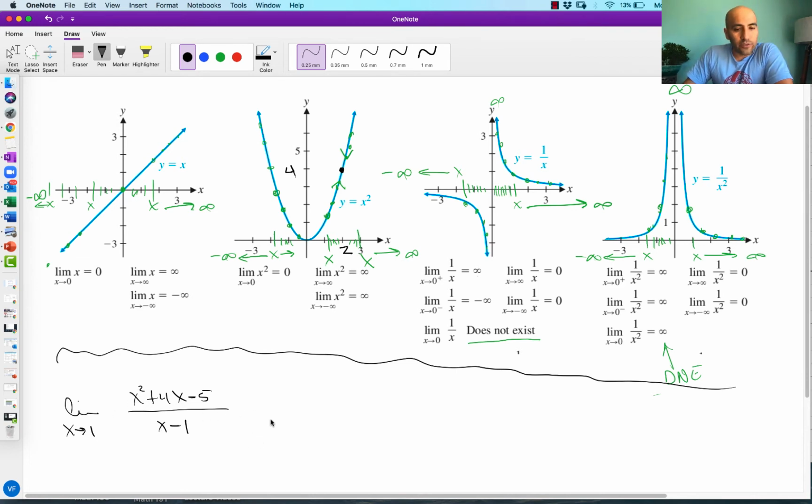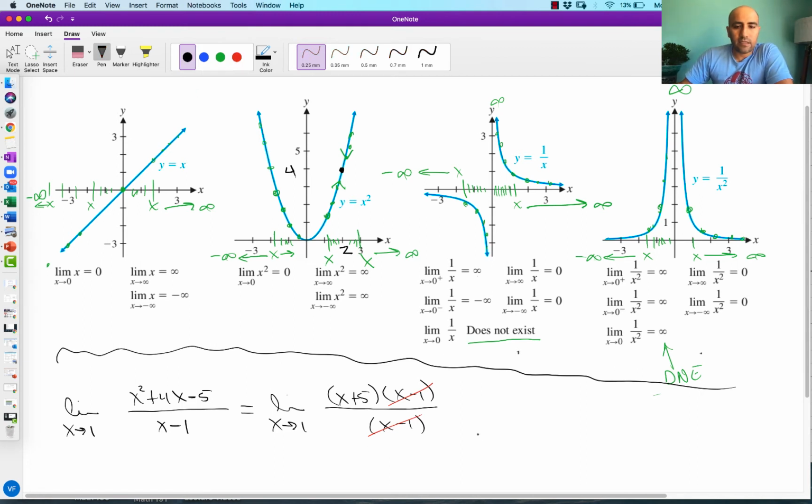So one of the tricks we learned in Chapter 2 is that this is equivalent to the limit as x approaches 1, and what we could do is factor the numerator. This is x plus 5 times x minus 1, and the denominator is x minus 1. Back in Chapter 2, we learned that we could go ahead and cancel those.